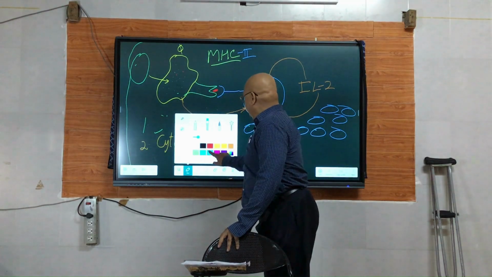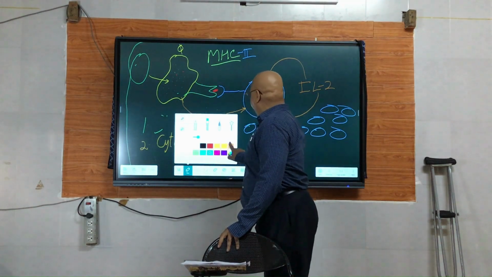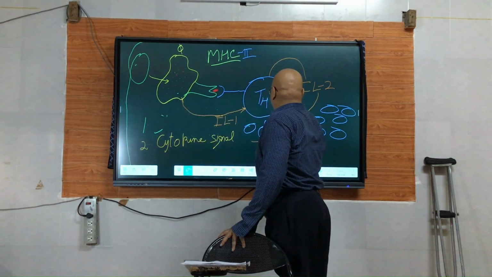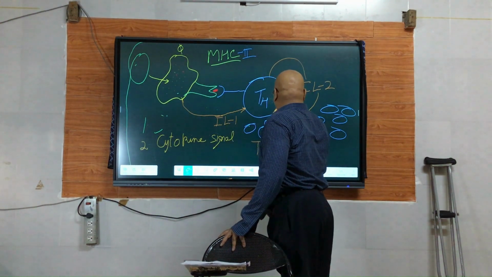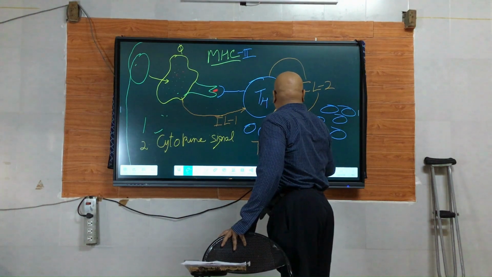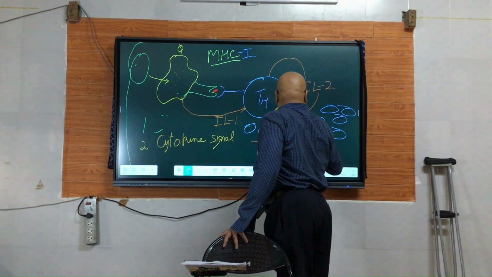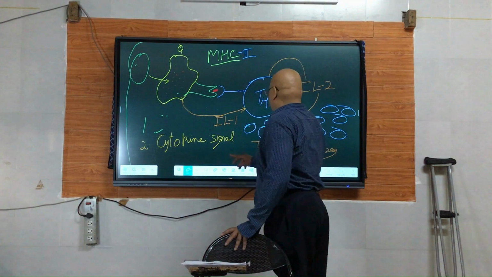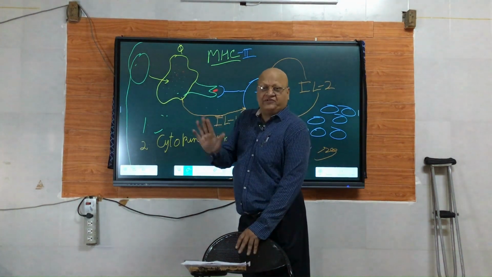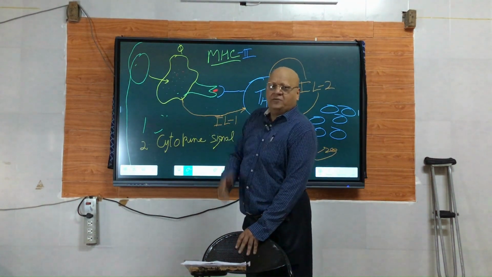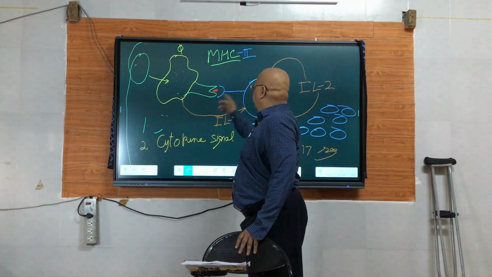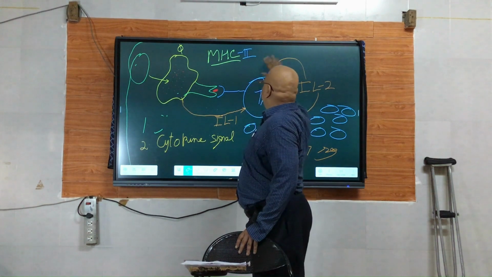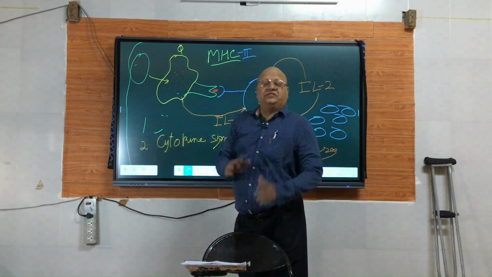What does it mean? The proliferated cells differentiate into various phenotypes like TH1, TH2, TH17, TH regulatory, various phenotypes they differentiate into. This is called polarization. So first activation with the stimulatory signal IL-1, then IL-2 comes into the picture with the result.